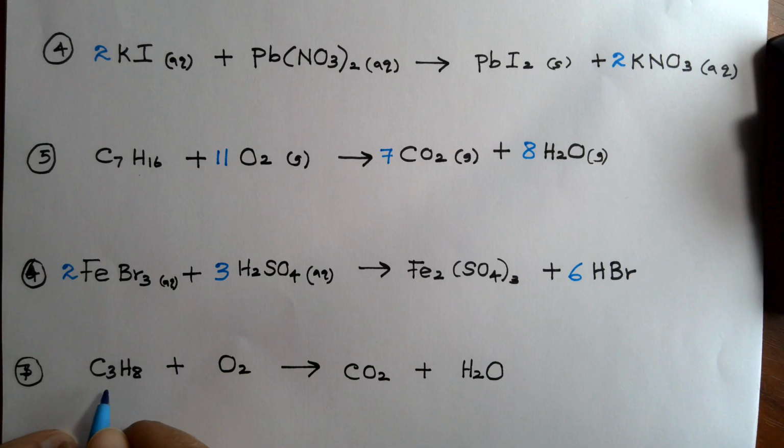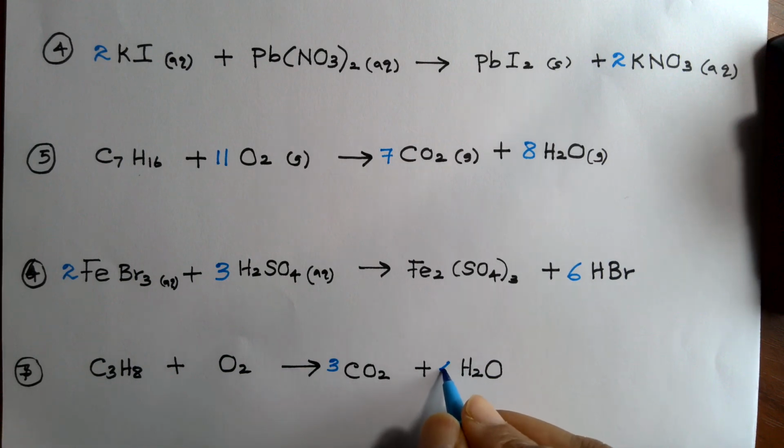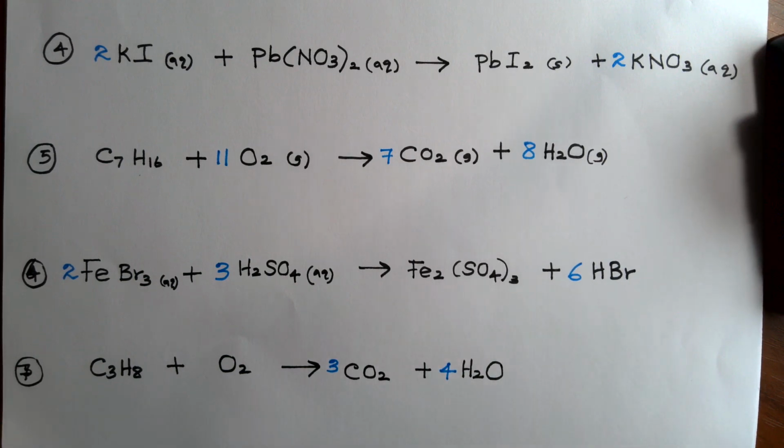First thing we need to focus on carbon, second hydrogen, and then finally oxygen. So there are 3 carbon atoms, so I will add coefficient 3. Carbon balanced. Next hydrogen, 8 hydrogen atoms. So I need to make 8 here. So I multiplied this by coefficient 4. Now 4 times 2 is 8, hydrogen balanced.